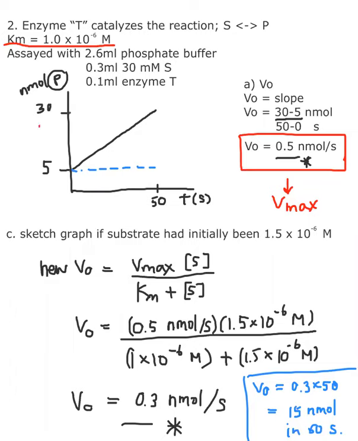So you know that the velocity at the time of 50 seconds would be 20. So you can plot a new graph to reach that point. This red line over here is the new V naught.